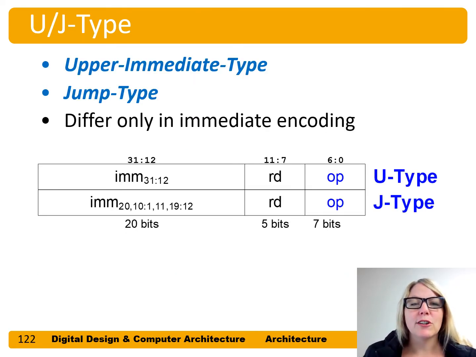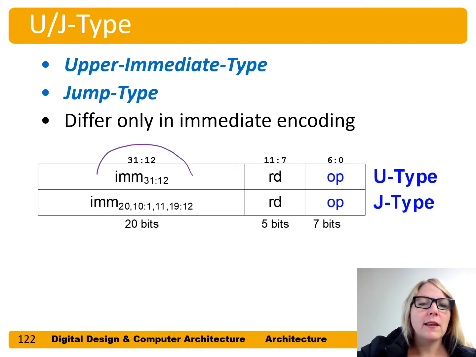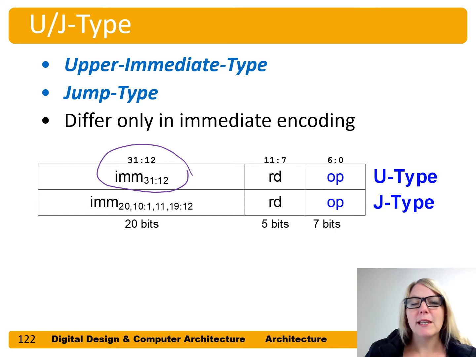The UJ type instruction is for the U type, or upper immediate type, and J type is for jump type. They differ, again just like the SB type, only in how we encode the immediate. So in the U type instruction, we're going to encode a 20-bit upper immediate, so bits 31 to 12 of an immediate.